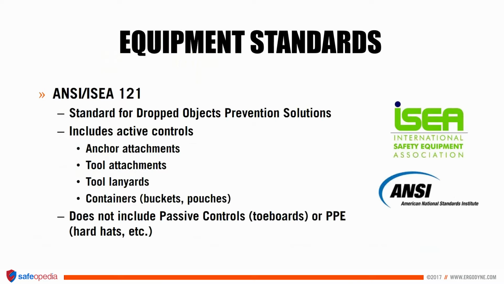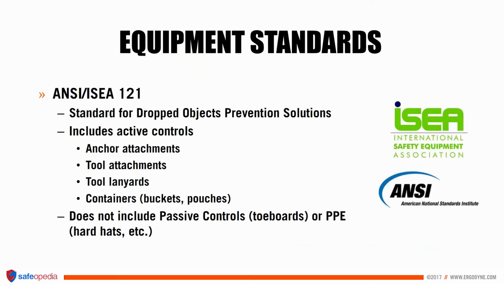So this is where organizations like the International Safety Equipment Association and ANSI, ASSE, other organizations that aren't regulatory bodies, but voluntary consensus standards, come into play to try to outline some best practices for the equipment that can be used to help mitigate these hazards.